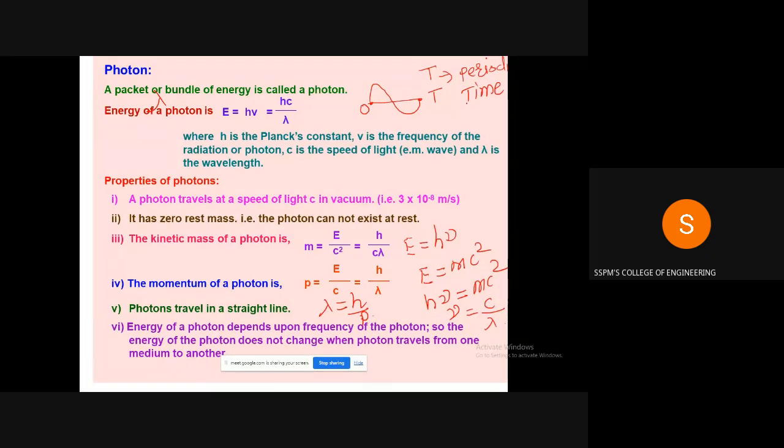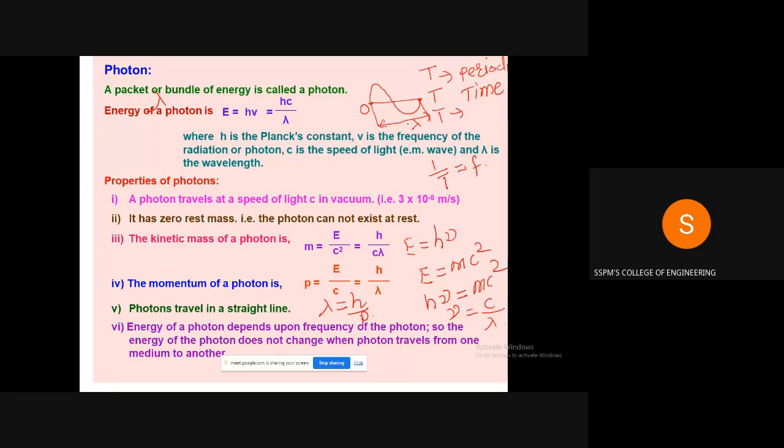How can it be defined? It is the time required to complete one oscillation, that is called the periodic time T. And 1 upon T is called frequency.